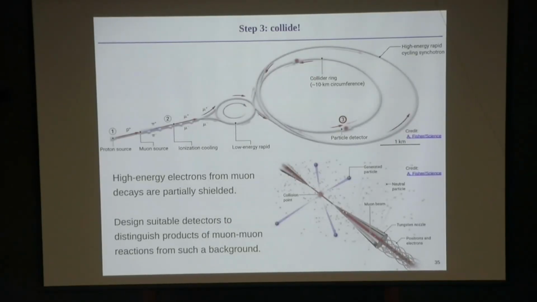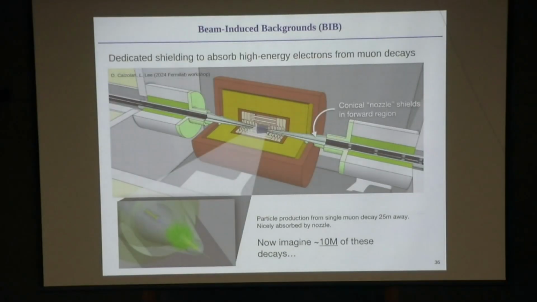Then we need to design detectors around the interaction point to detect the output of this reaction, so that they can separate the identification of the reaction products of the muon from part of this high energy electron that through the shielding will not be completely absorbed, but will enter the detector region. In fact, such background is what we call beam-induced background.